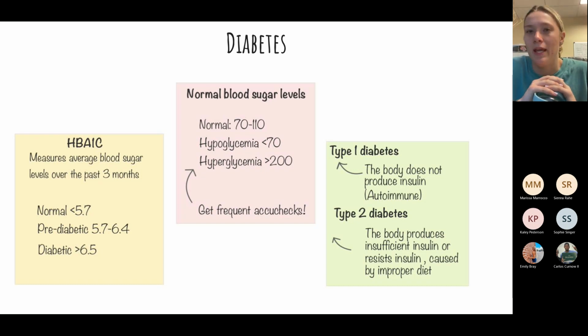And we're talking about HbA1c. This measures our average blood sugar levels over the past 3 months. Why do we want an A1C? Well, if I ate maybe 2 or 3 candy bars because I was having a very stressful day and my blood sugar was probably like 250, 275, does that make me diabetic?